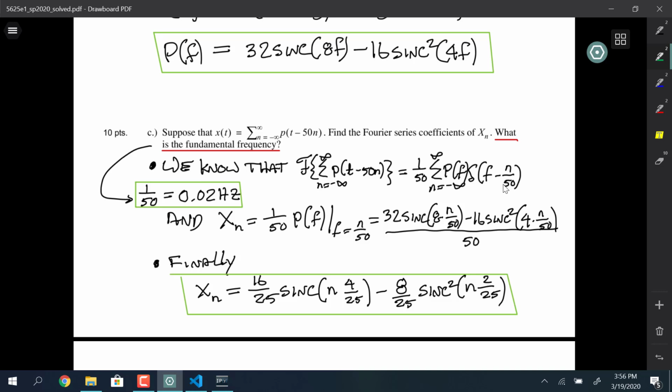And in the green box down there is what the Fourier coefficient is, because in our modeling, the Fourier coefficient is 1 over the period times P of f, when f is replaced by the fundamental frequency, and then n is put on top of it, so I can sample P of f at the various harmonics.